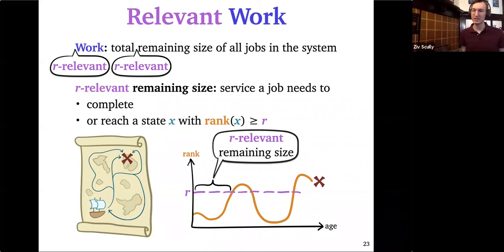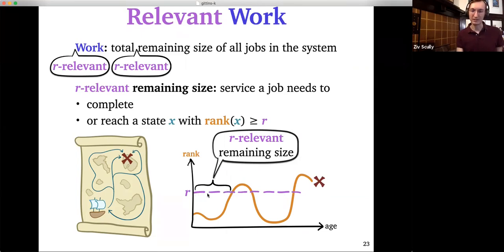So here, yeah, basically. Good question. So the question is, does a job's R relevant remaining size include just this first segment, or does it also include these later segments? And the answer is it only includes the first segment. So a job's R relevant work is basically, once it completes or reaches a state with rank greater than or equal to R, that's it. You're done with your R relevant remaining size. So if a job is in this state, this is its R relevant remaining size.